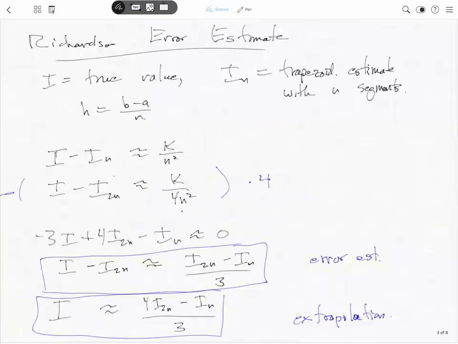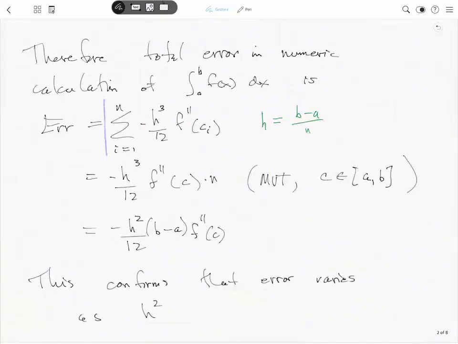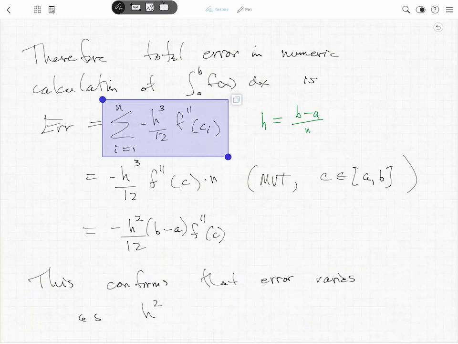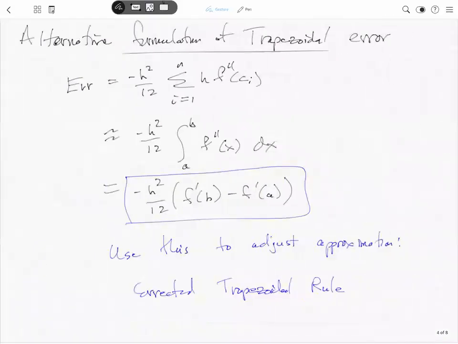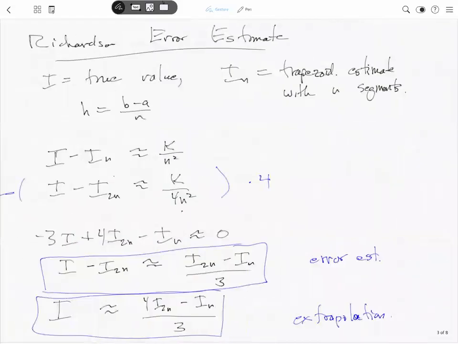I'm going back to actually this. So this was the formula for the total error in the trapezoidal approximation, where we've added up the error on all n segments, right? So as i goes from 1 to n, we add up all the error on all those segments. Now, all I've done here is I took one of the h's. What did I do, actually?